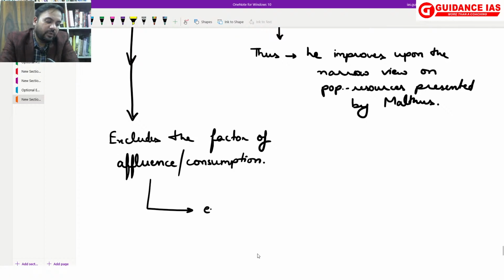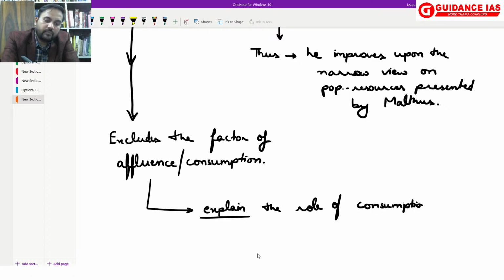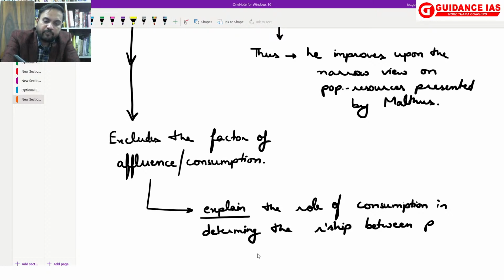And here you will do what? जैसे हमने पीछे एक्सप्लेन किया था, you explain here the role of consumption in determining the relationship between population and resources.